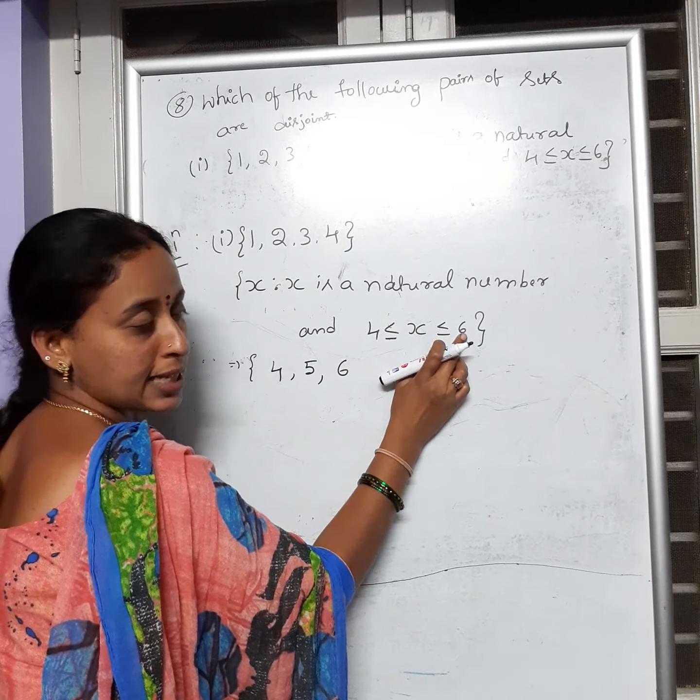Understood this one? Here they gave two sets, 1, 2, 3, 4 and the intersection with 4, 5, 6. If we intersect the elements, we get 4 as the common element in both sets. So we get at least one element in this set. Therefore, if we get at least one element, it is not an empty set, and if it is not an empty set, it is not a disjoint set.